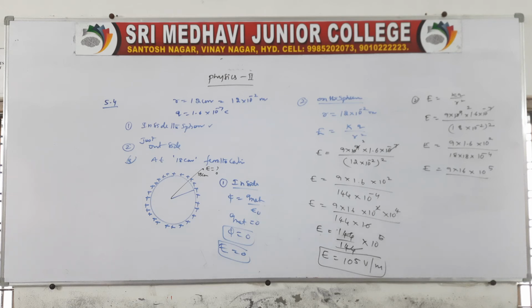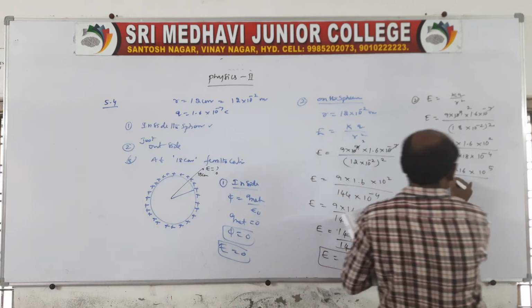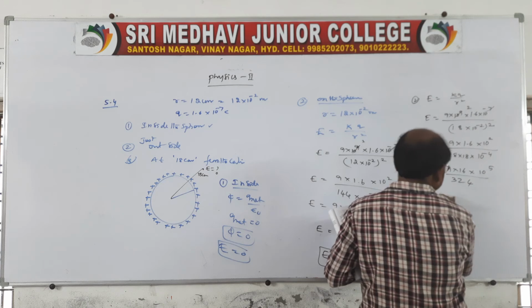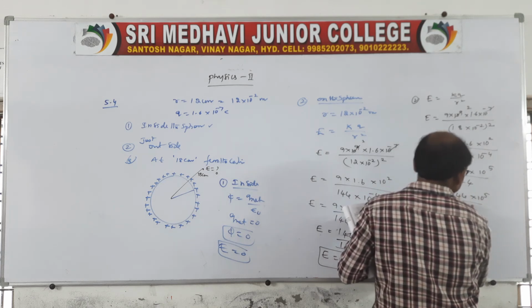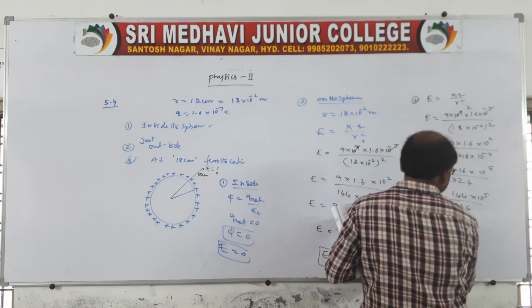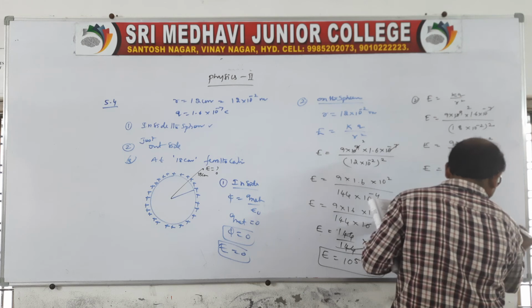So it is 324, right? So 144 divided by 324, approximately 0.44. So after simplification it is 144 into 10 power 5 by 324, right? Here it is 0.44 into 10 power 5 is the answer.